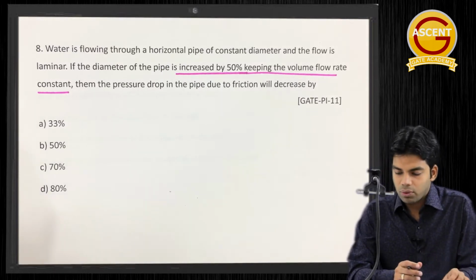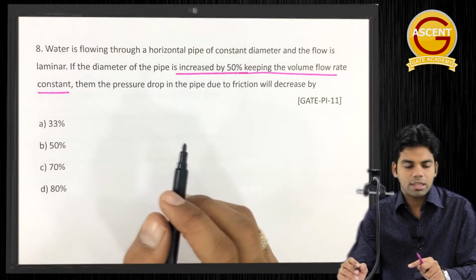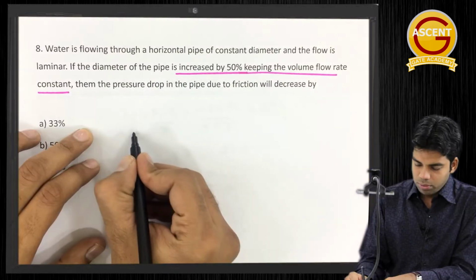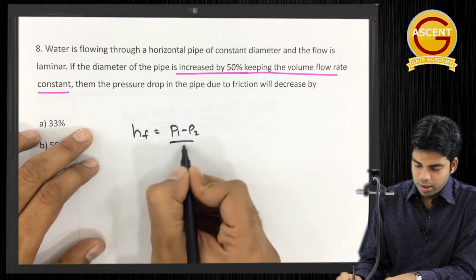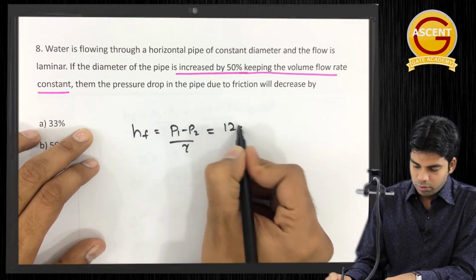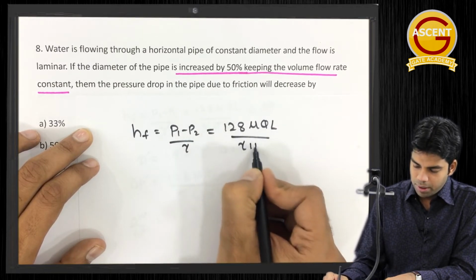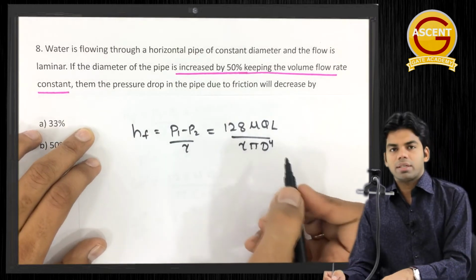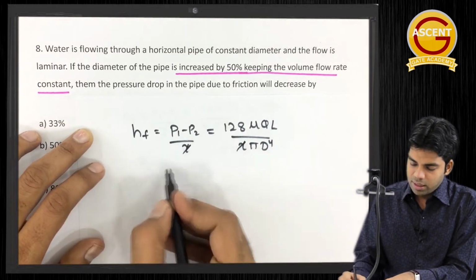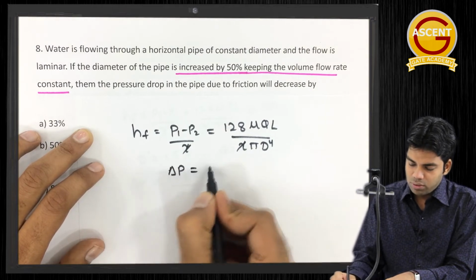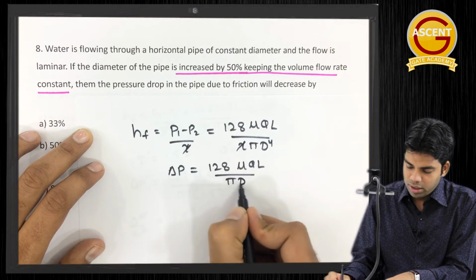Okay, so for laminar flow we know by Hagen-Poiseuille formula HF is equal to P1 minus P2 by gamma, which will be equal to 128 mu QL upon gamma pi d raised power 4 in terms of discharge. This formula we have already seen. Okay, so this gamma will get cancelled out and we will get Del P is equal to 128 mu QL by pi d raised power 4.